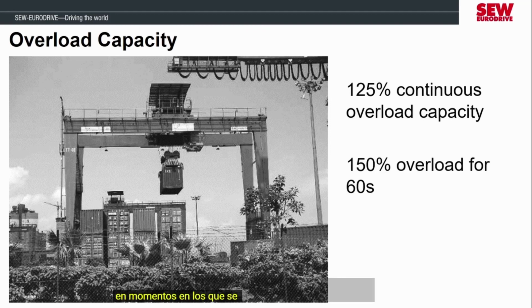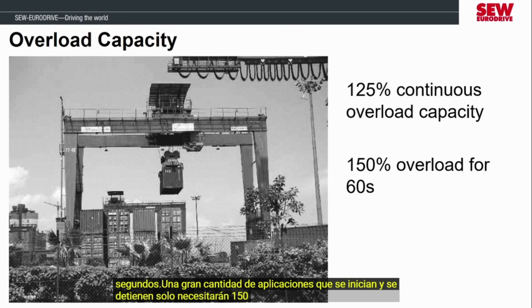For times when there is a lot of startup torque needed, the Movidrive can output 150% for a total of 60 seconds. A lot of applications that are start and stop will only need 150% for a few seconds, so as long as there is sufficient cooldown periods between cycles, the Movidrive could go to 150% in these brief periods throughout the day and be okay.